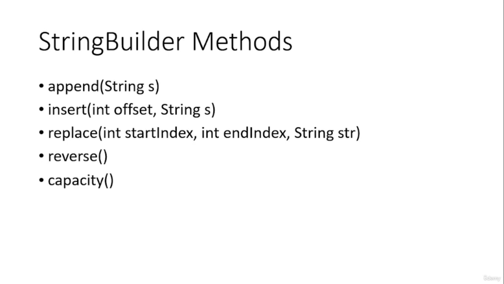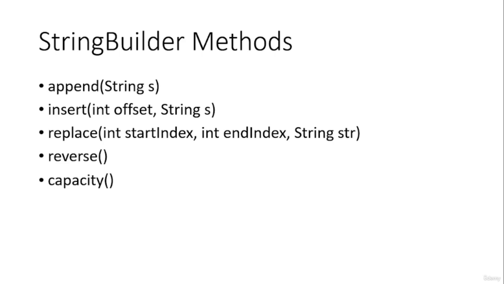Whatever methods are in string buffer are also present in string builder: append, insert, replace, reverse, and capacity. All the methods are available. So this is how string builder works.